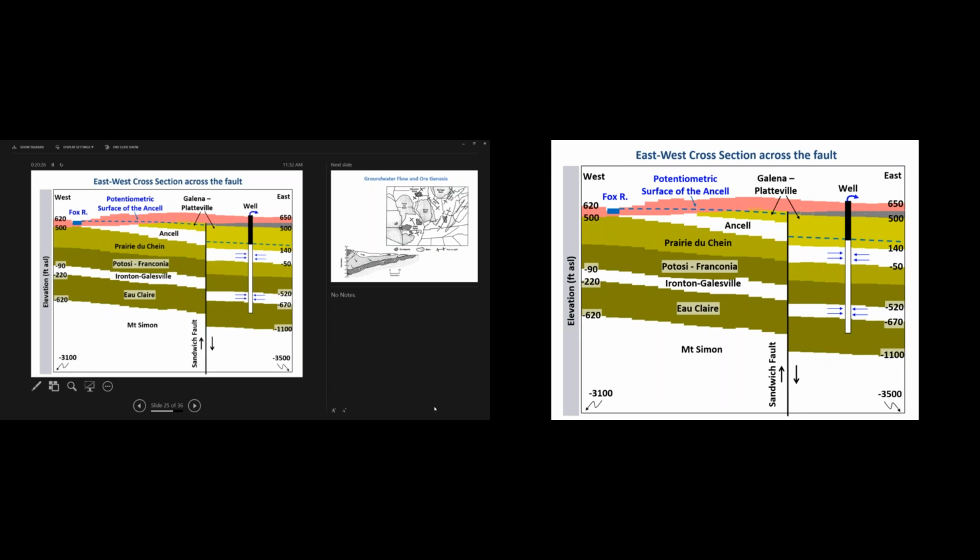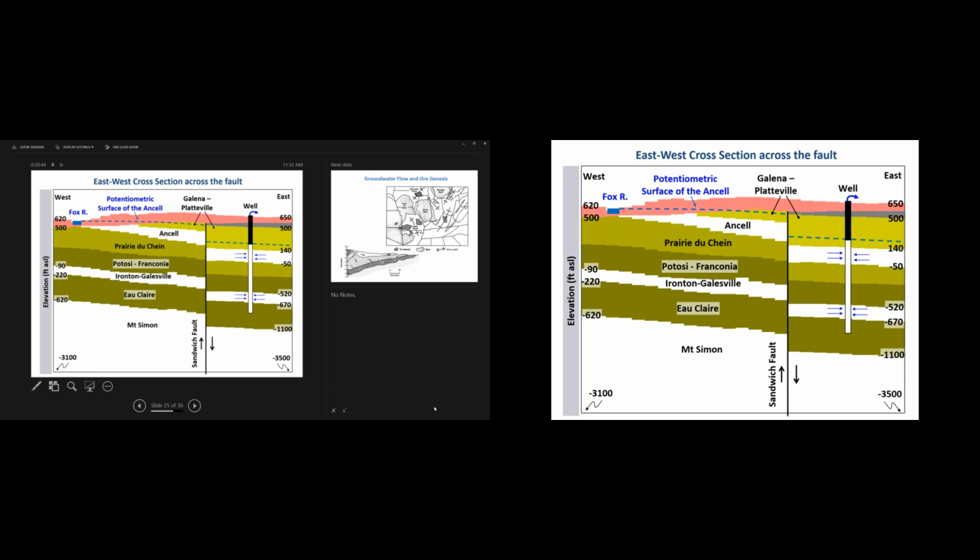So the units, this is an old slide. Dan has made much better ones, but the units are cut off, so you can't have flow. When you model this, you have a layer for the Ironton Galesville, right? And you have a layer for the St. Peter.